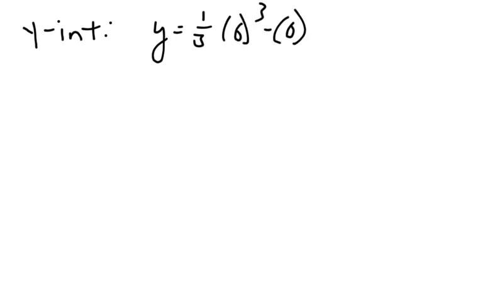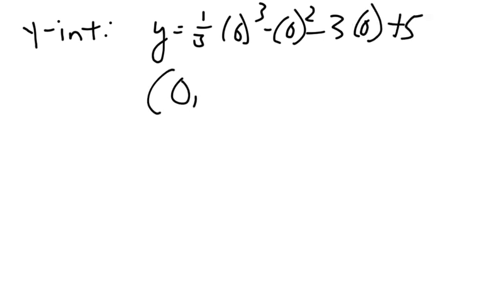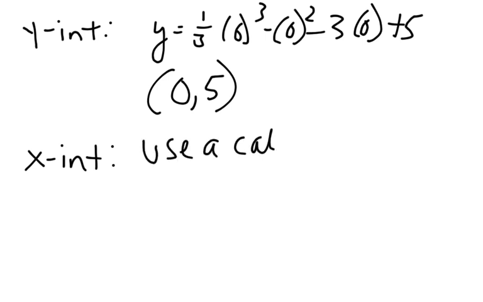Alright, y-intercept. If I plug a 0 into the original function for the x's, I get 5. So I have the point 0 for x, 5 for y. That's my y-intercept. Now, the x-intercepts on this one, let's go ahead and use a calculator. Hopefully you remember how to do that.